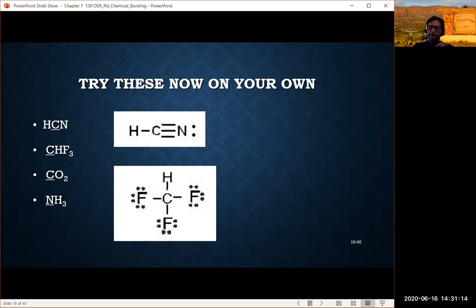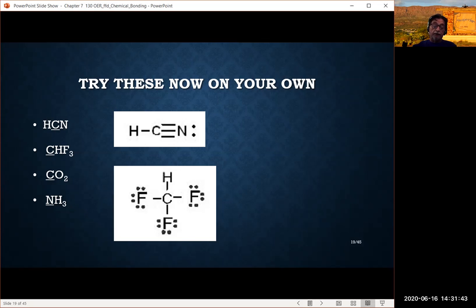So what do you think for CHF3 is the general formula? Anybody want to take a guess? The general formula for CHF3. Go ahead and type it in. How about it?